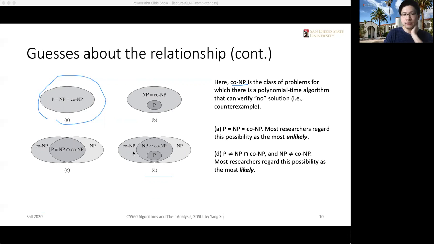So that's what most people believe. And I think this figure D is similar to the figure on the left in the previous slides.